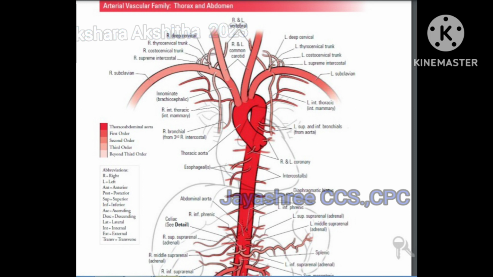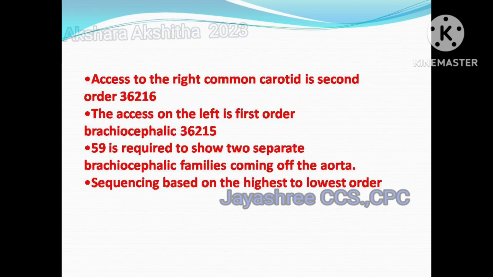Then we have to append the 59 modifier because these are different vascular families, different orders. Then we have to code the laterality modifier. These are the coding tips and guidelines we have to follow when taking the questions. Apart from the 3 series, we also have to code the 7 series additionally.